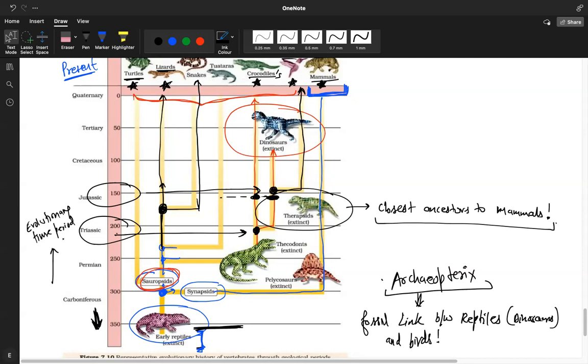Okay. So write down. That is where, when reptiles like dinosaurs became extinct, mammals took over. So at one point of time, it was a reptile heavy world, and they were the dominant group of animals.